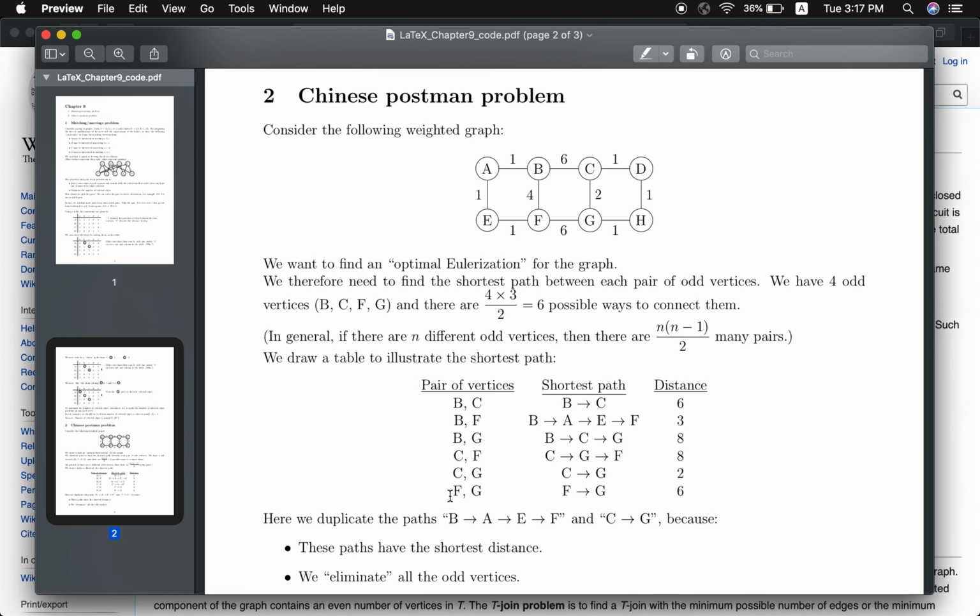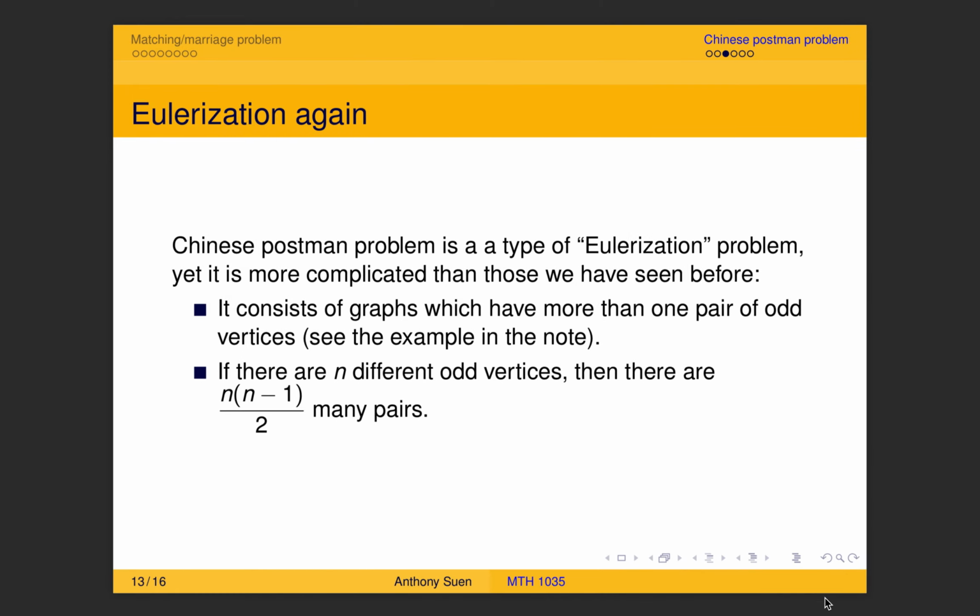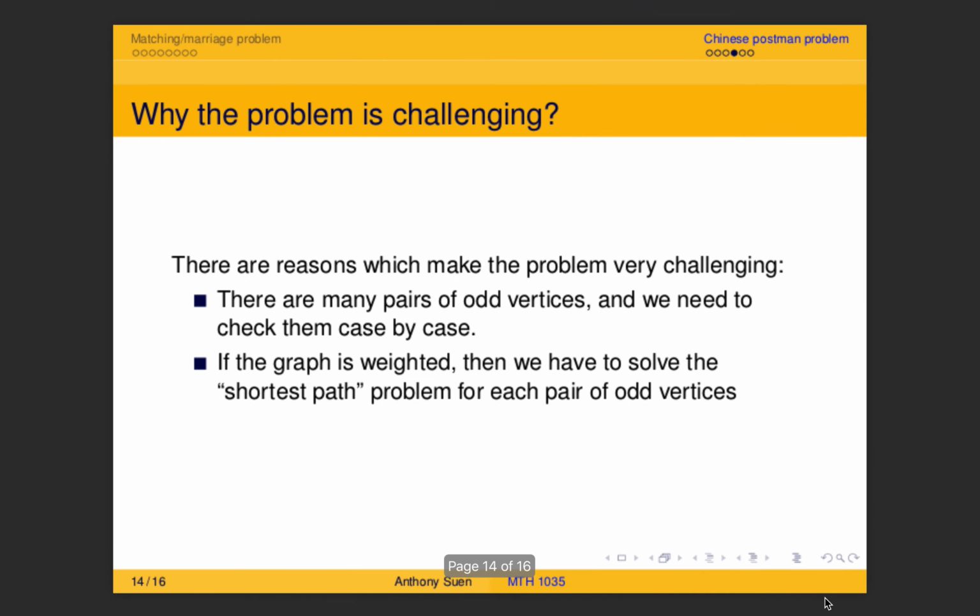After you get all those pairs of odd vertices, what do you have to do? That is exactly the reason why it makes the problem complicated or challenging, because there may be many pairs of odd vertices, and we need to check them case by case. Remember, the number of odd vertices in a graph must be even.